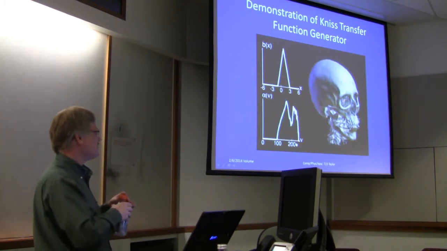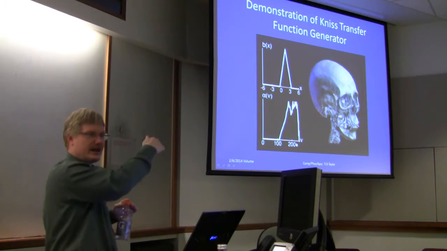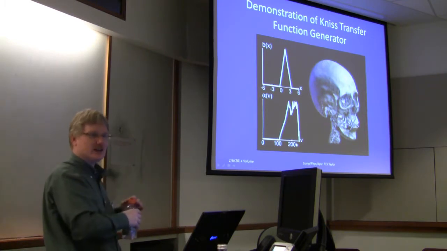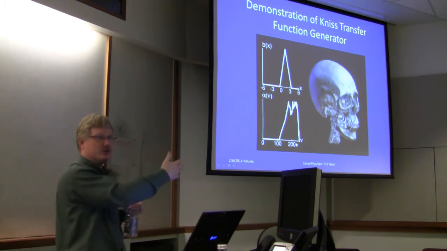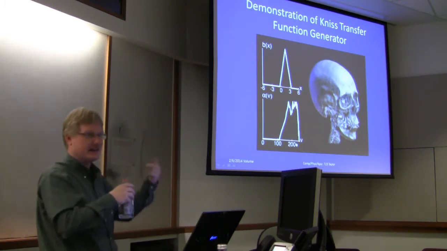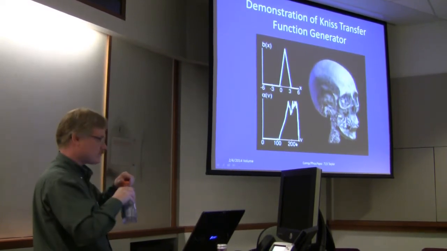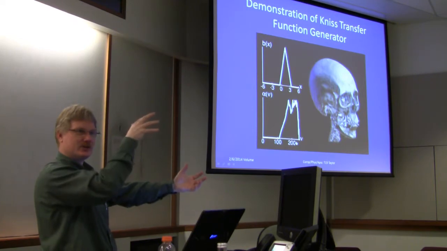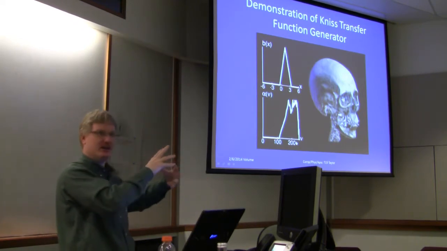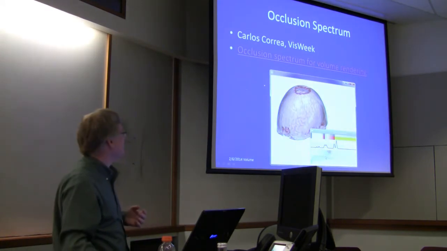Now in this case, we've done something I haven't told you about, which is illuminating the surface according to the gradient, so that you get lighting in the volume data. Nothing that I've described yet would do lighting, but this particular display has lighting, and I'm going to talk about lighting next. And that's why this looks like a bone lit from the side, not a glowing white thing where all the bone is.